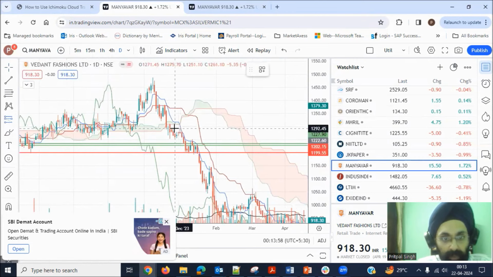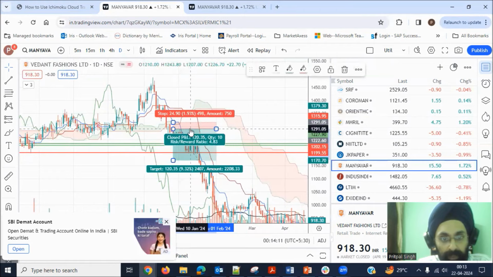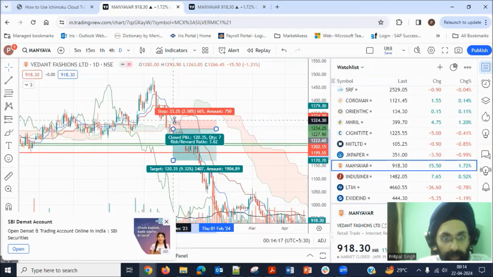Here the person will enter somewhere here, and he will place the stop loss somewhere above the lower boundary of the cloud, which in this case is less than 1%. If you are a conservative trader, you can make it a bit higher, like 2.5%.